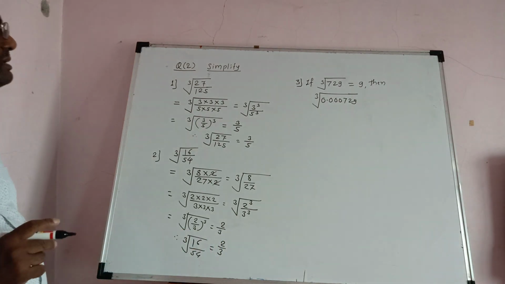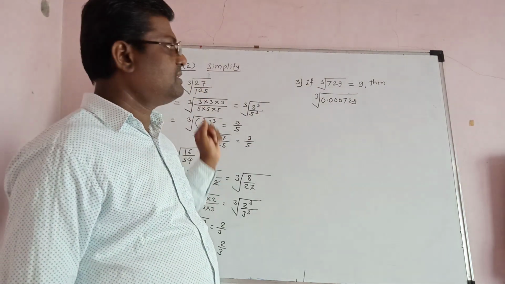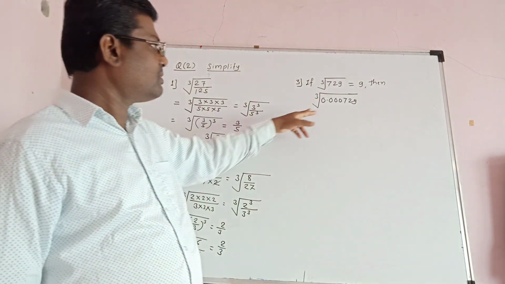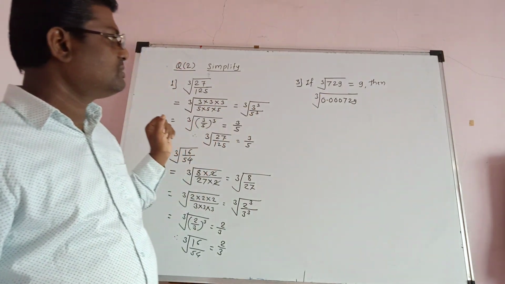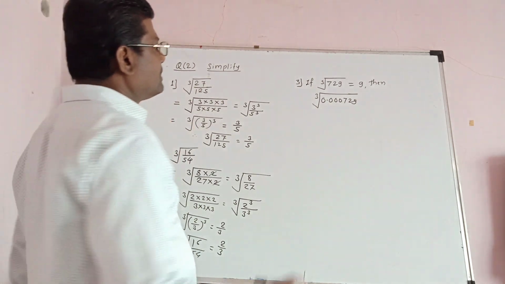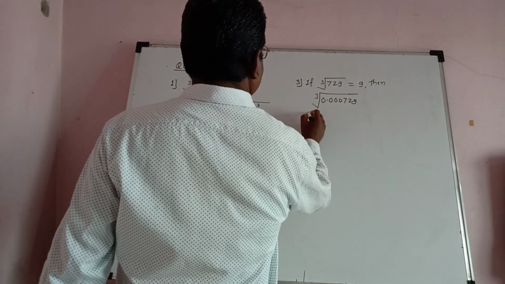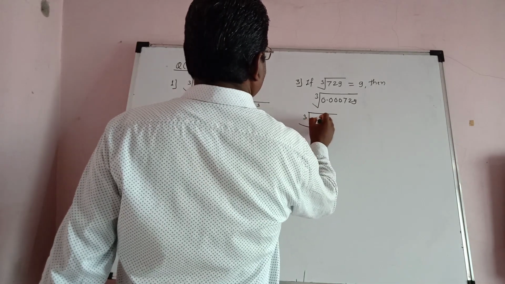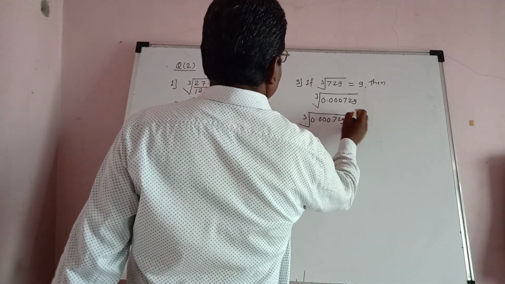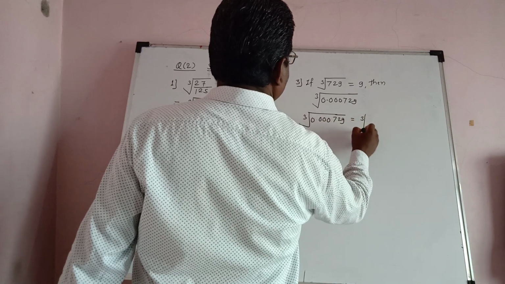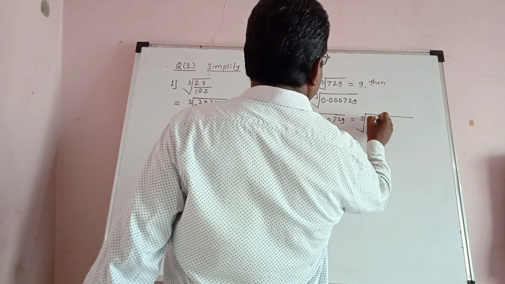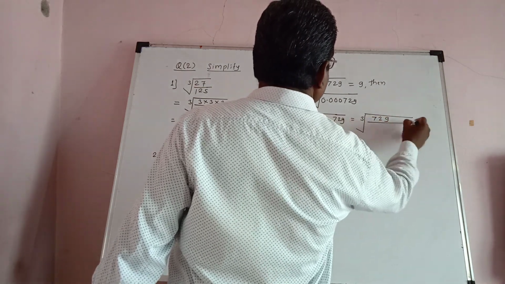Now example number 3. If cube root of 729 is equal to 9, then find the cube root of 0.000729. So cube root of 0.000729 is equal to cube root of: this number can be written with 729 in the numerator.